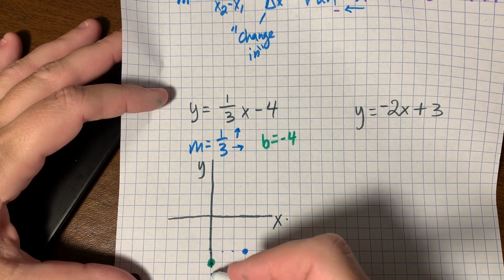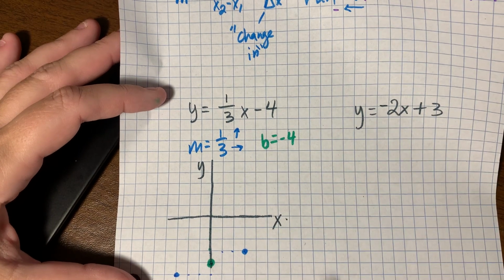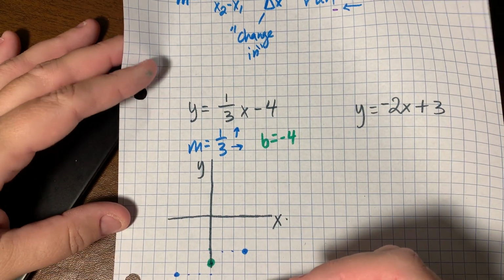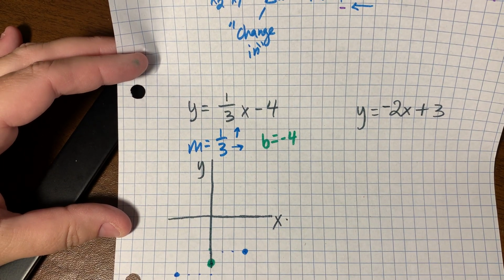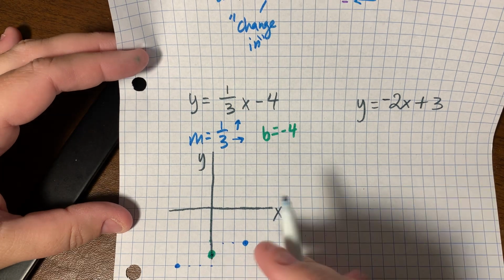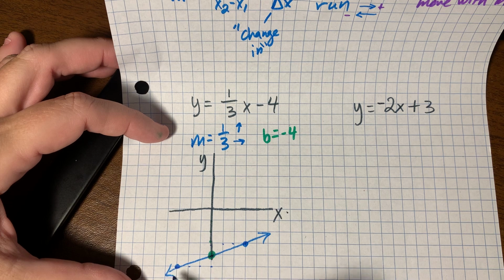I can also go down 1 and back 3. Because if I go down 1, it's -1. If I go left 3, it's -3. Negative divided by negative is still positive. I have a couple of points. I connect them. There's my line.